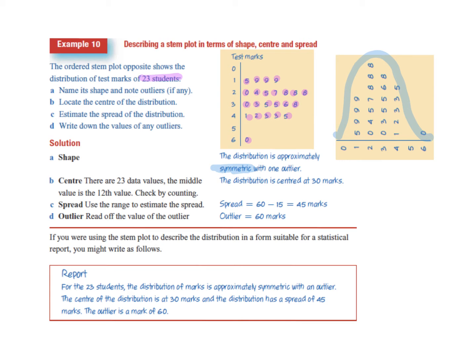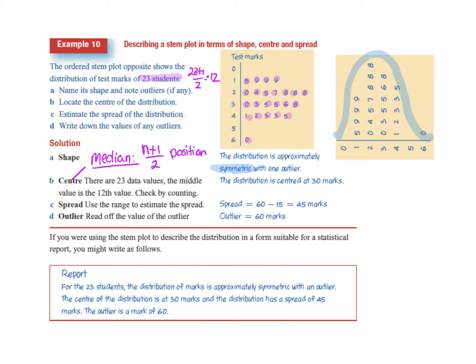Now, when they're talking about the centre here, you want to find the median. You could enter the list in and do the stat calculations, or you can quickly find the median by finding it at the (n+1) divided by 2 position. Remember how we did that? They said 23, so 23 plus 1 divided by 2 will be the 12th.